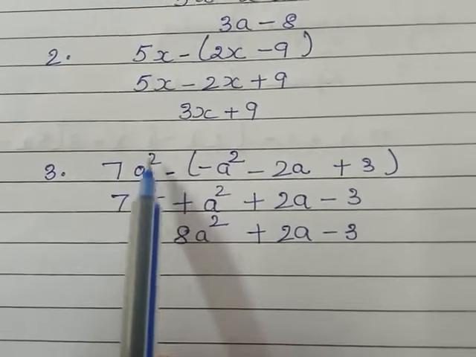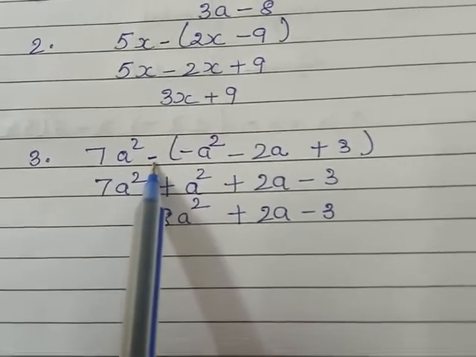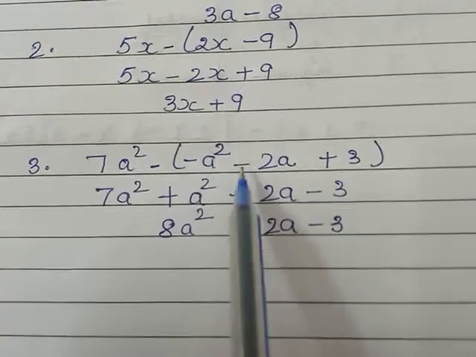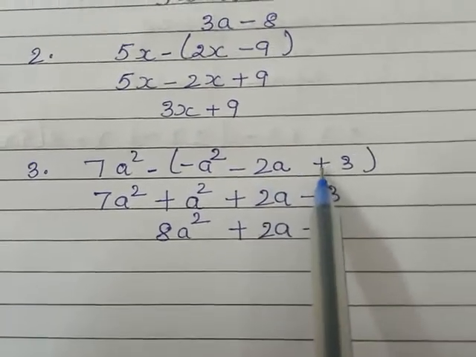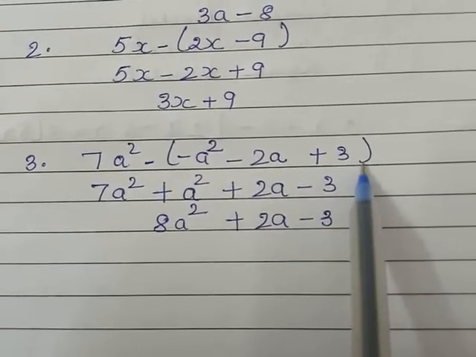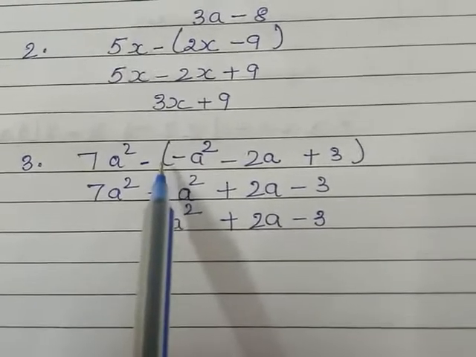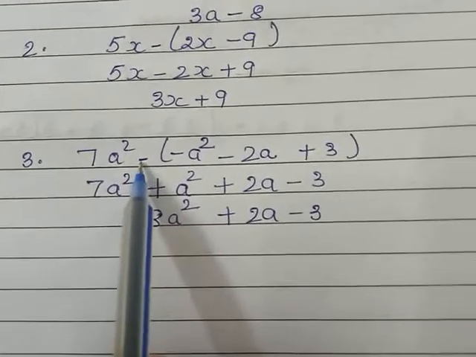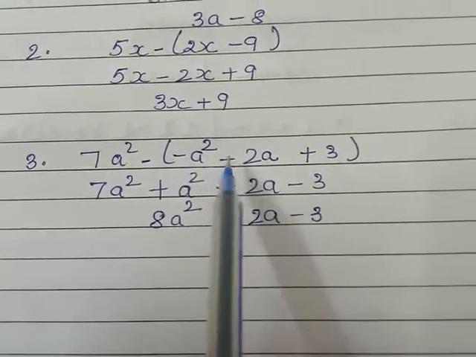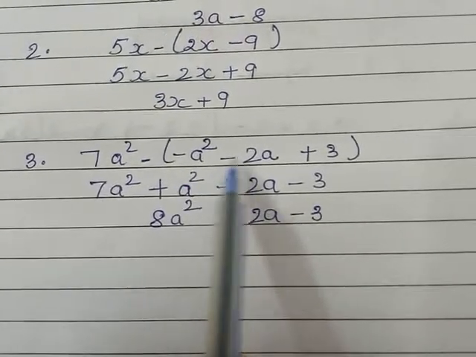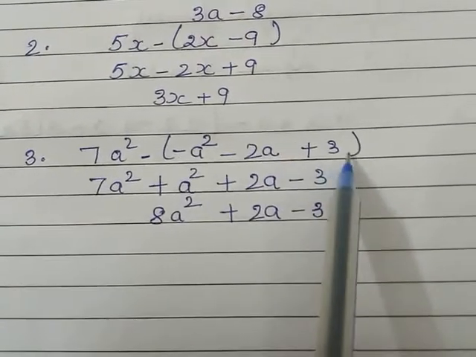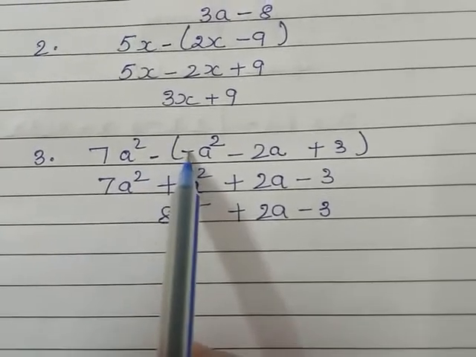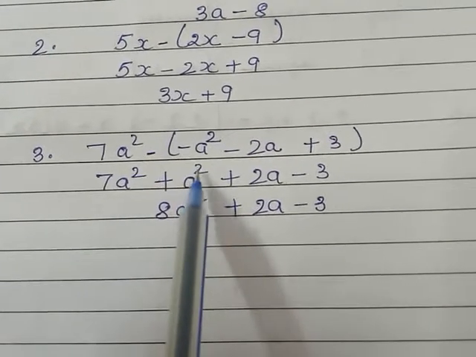Another example: 7a square minus, now see, bracket a square minus 2a plus 3, then we have closed the bracket. Before this bracket we have a minus sign. So we will change the signs of the terms present inside the bracket. 7a square, this is minus, and minus a square becomes plus a square.